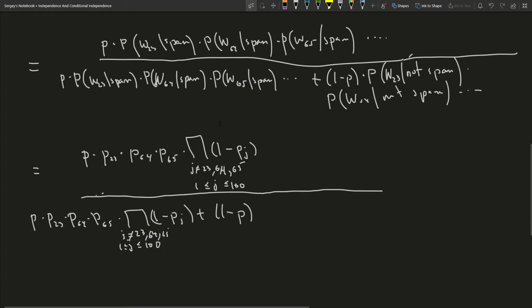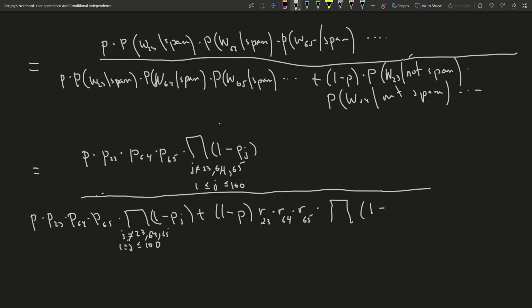So again, we're interested in the scenario where the 23rd word occurs given that the email is not spam, times probability that the 64th word occurs given not spam, times probability the 65th word occurs given not spam, times the product of the probabilities of the remaining words not being in the email, given that it is not spam.